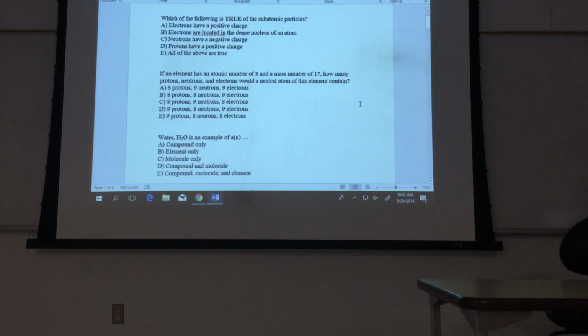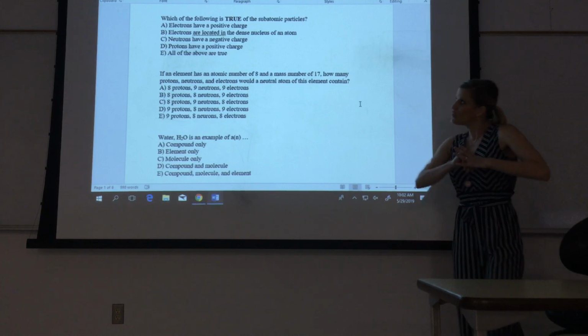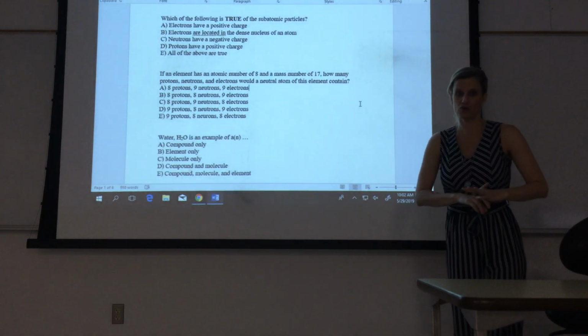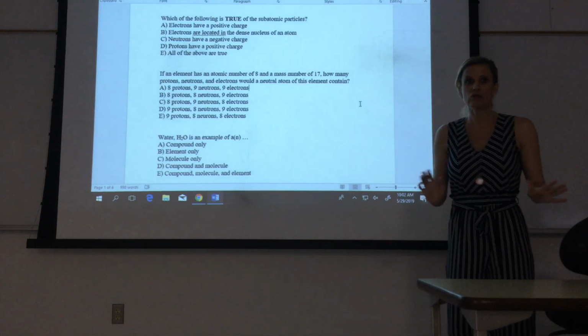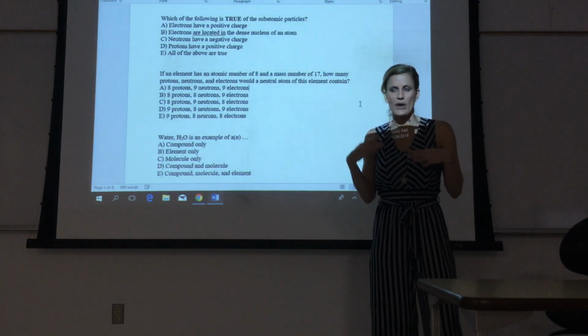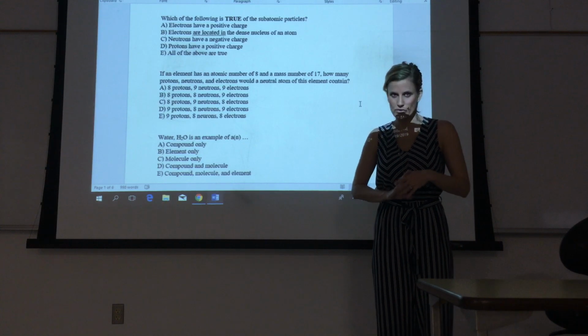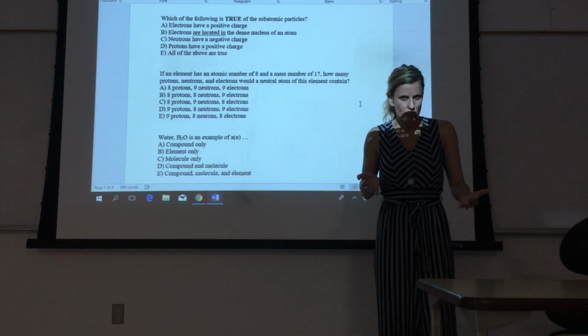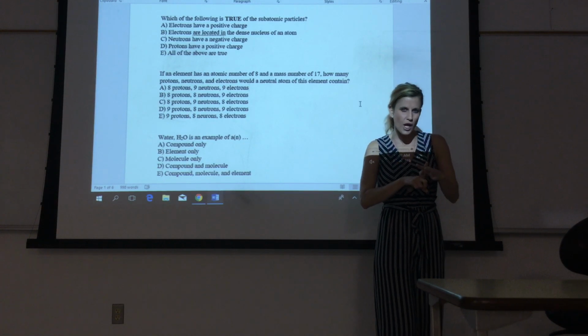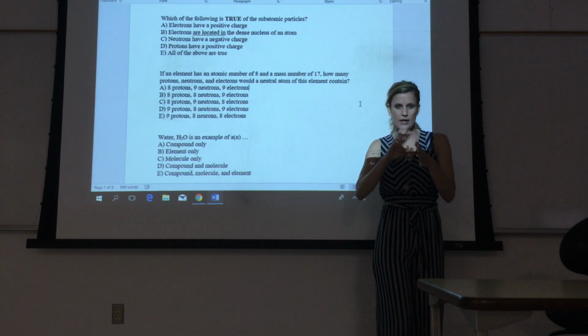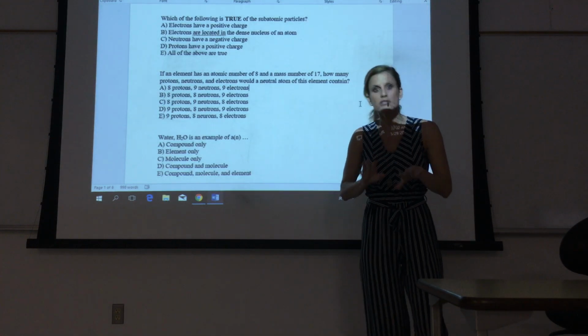So, the first question here: which of the following is true of the subatomic particles? Before I even look at the answers, I'm going to think, wait, what are the subatomic particles? The parts of an atom, right? So the proton, the neutron, and the electron. Let's look at our choices.